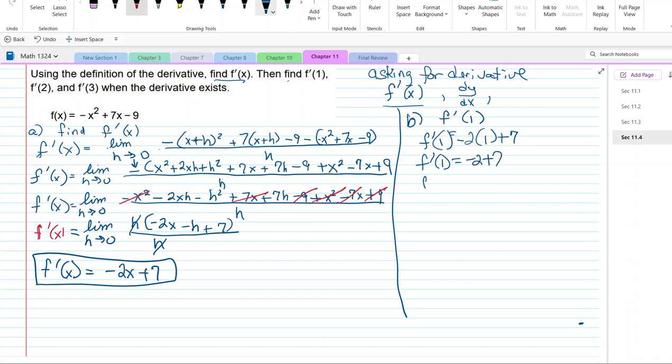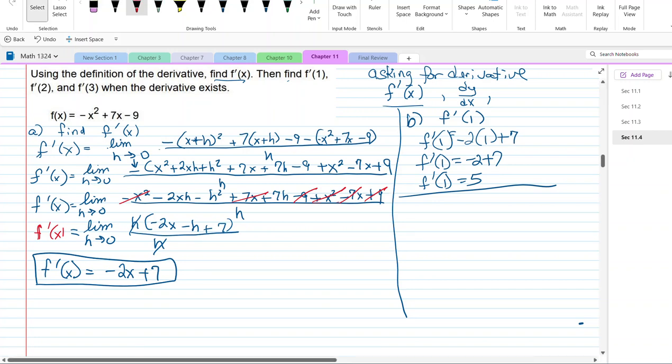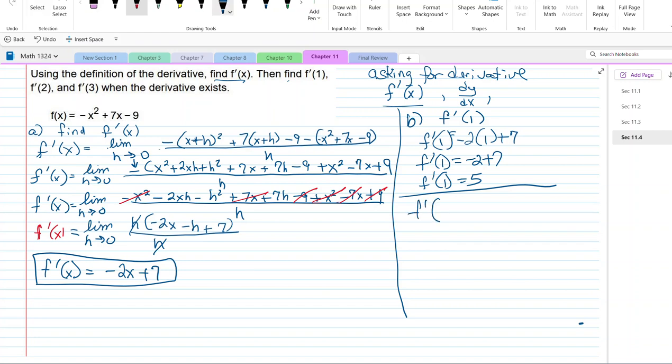All right, so I've got 5 for that. I'm going to do f prime of 2. So I'm going to have negative 2 times 2 plus 7. F prime of 2 then is negative 4 plus 7. F prime of 2 is 3.